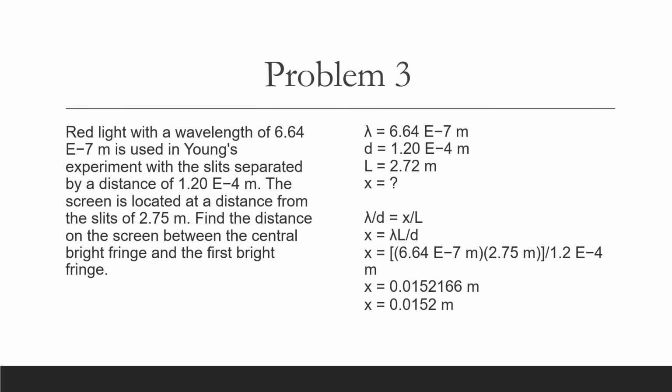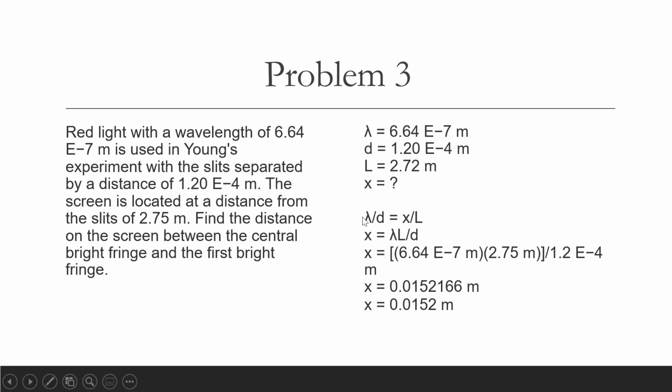Alright, so now things have changed a little bit, as you can notice, we already have our wavelength. Also we have the distance between the slits. We also have L, which is the distance from the double slit barrier to the screen. But right now what they are asking us for is X, which is the distance from the central maximum to the first bright fringe.